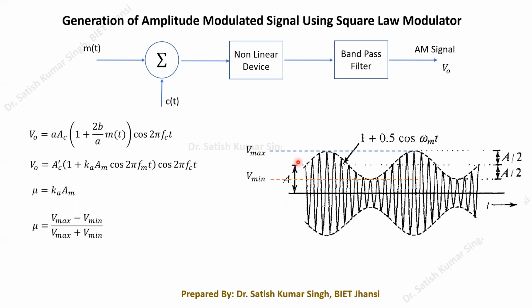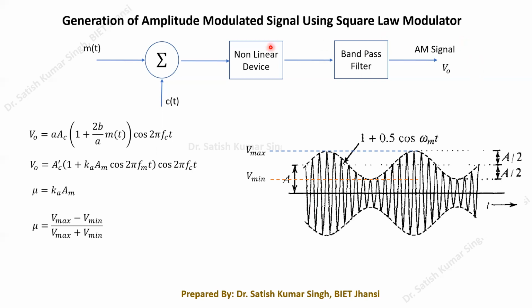Basically this particular signal we need to obtain. We want to obtain this particular signal, which is our amplitude modulated signal, also called the conventional AM signal. Another name for the same thing is double sideband large carrier scheme. So what we have to do, first of all, is implement these block diagrams.